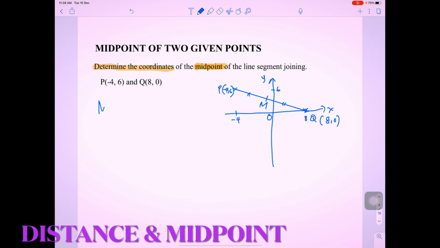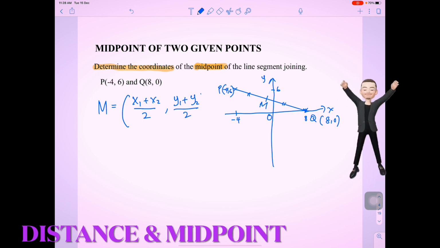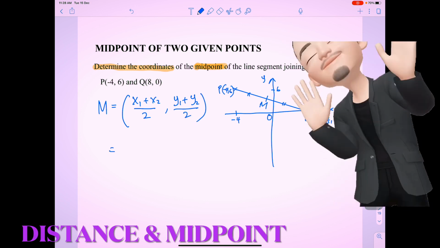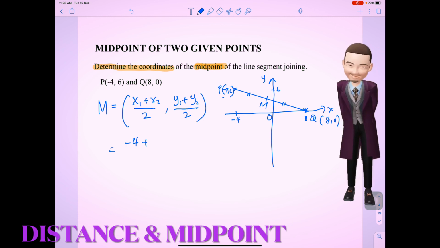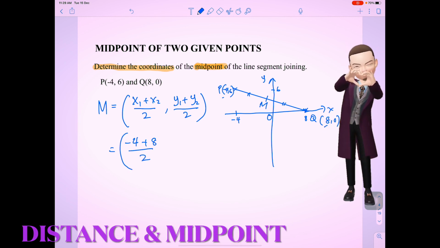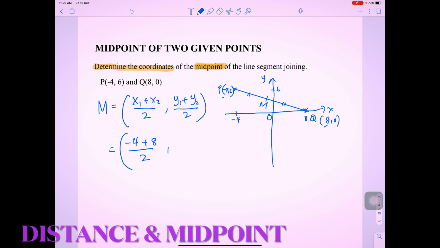The formula for the midpoint is: x1 plus x2 divided by 2 for the x coordinate, and y1 plus y2 divided by 2 for the y coordinate. Substitute the values: x1 is negative 4 plus x2 is 8 over 2, and y1 is 6 plus 0 over 2.